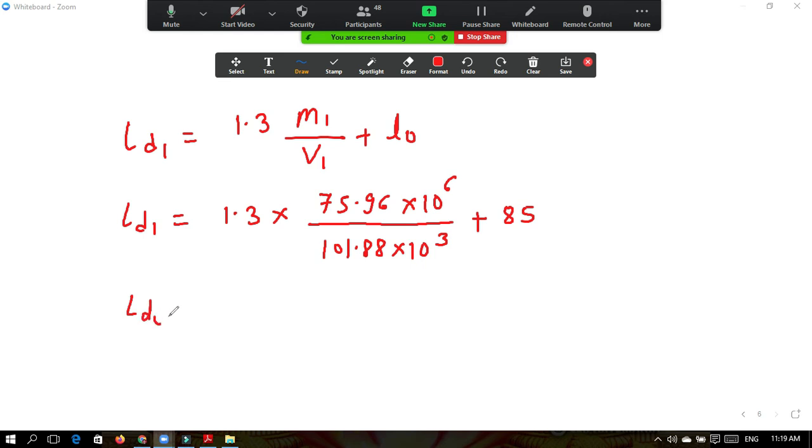So LD1 is 1054.25 mm. So this is the value of LD1. Now here your LD is less than LD1. Hence it is safe.